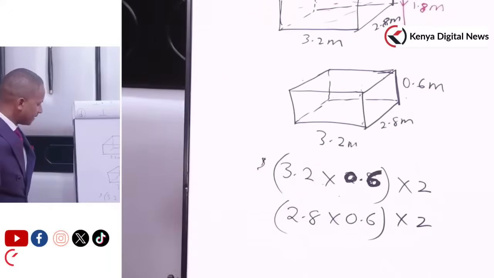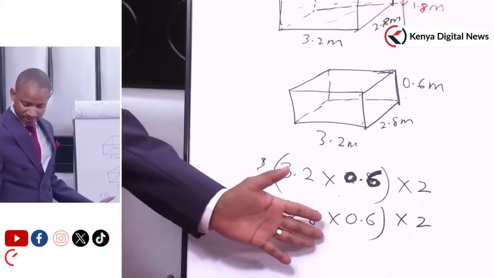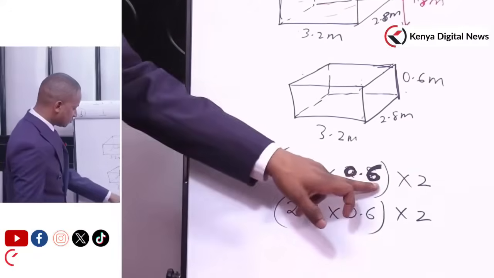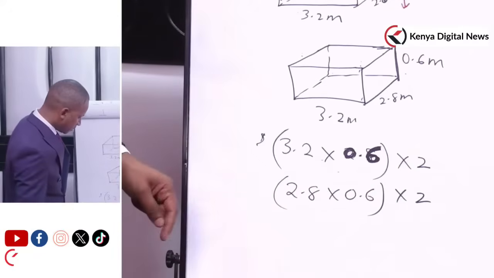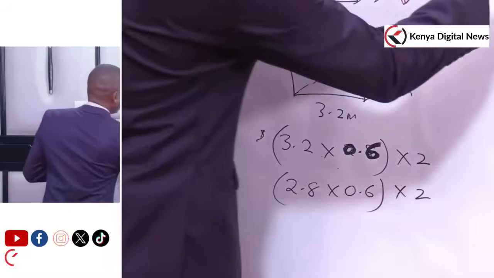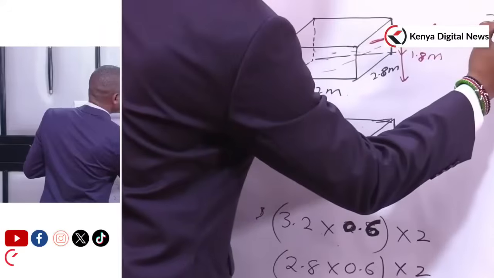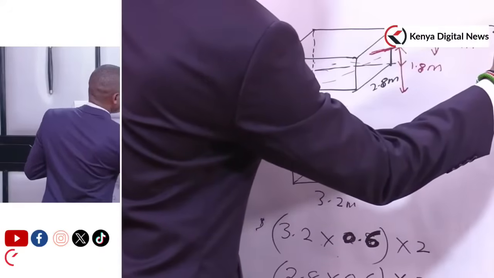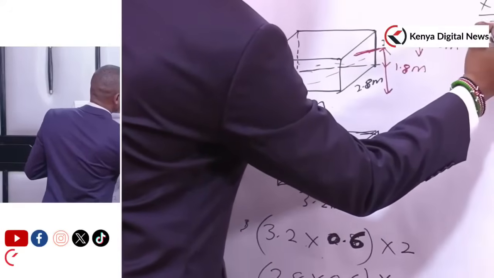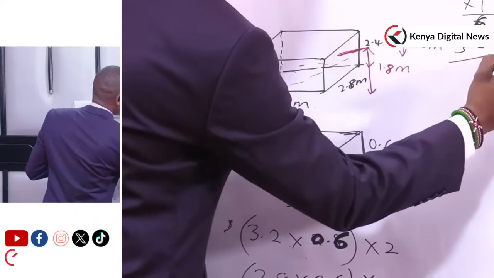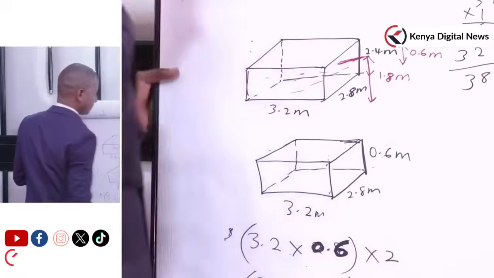So when we open this up, we just want to do multiplication, but you can use your calculator. So when we open this, it is 32 times 12. That is 384.